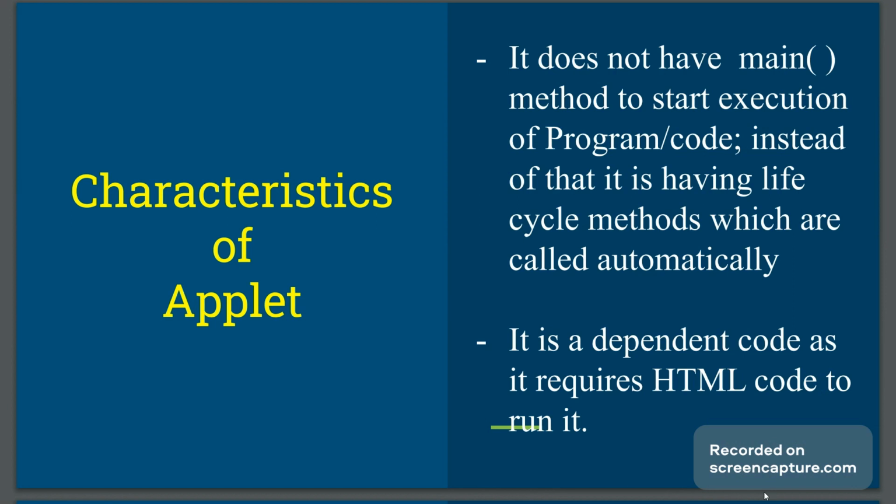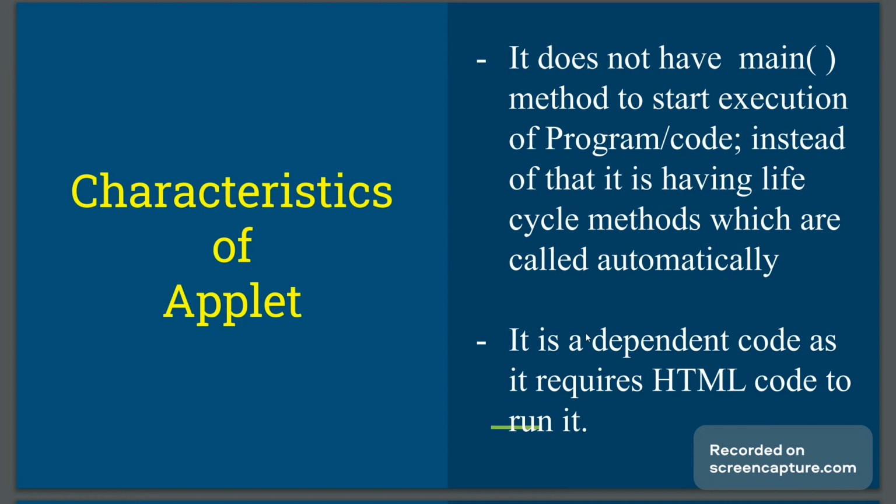An applet program does not have a main method to start the code. Instead, applet programs have life cycle methods which are called automatically. There is no need to call a method with any object or anything.